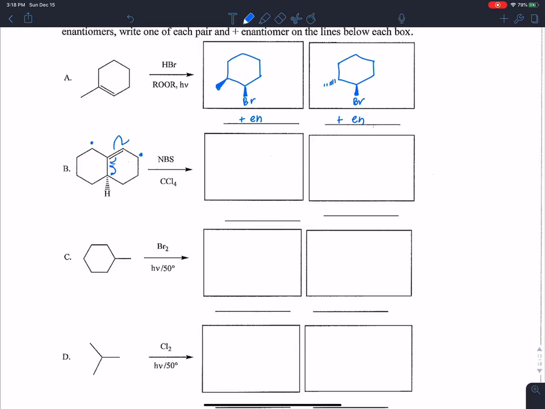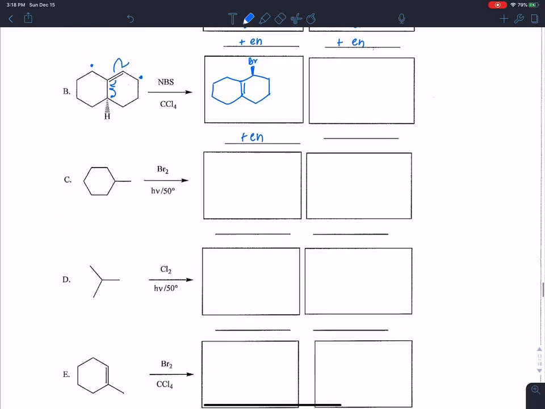Final Br should go over there. So if I make that out, I would get the double bond in the middle, and then this Br can go in wedged or dashed, like this, plus its enantiomer. Br2 H3 can add in the middle here. It goes to a tertiary spot, but since that's not a chiral center, there are no enantiomers.